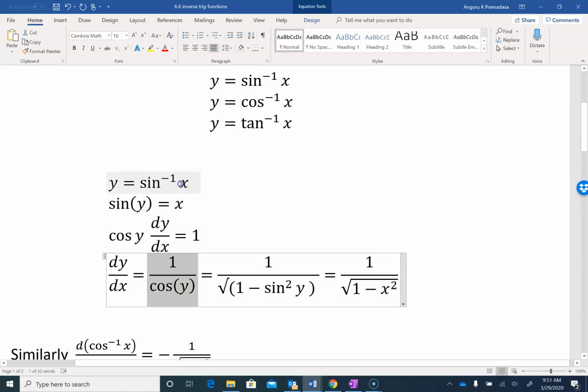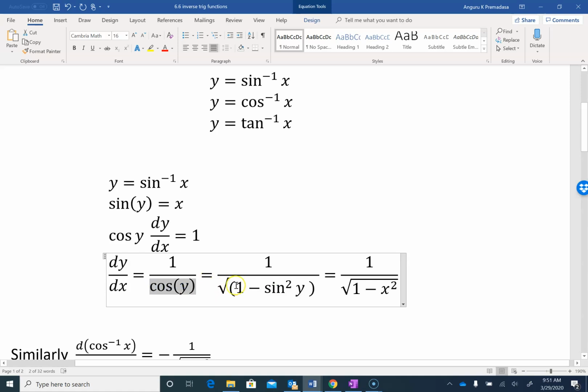You started with x, so you want the answer to have x, so you need to convert cosine y into something with x. Well, that can be done if you use Pythagorean. Cosine squared y is equal to 1 minus sine squared y, because sine squared y plus cosine squared y is equal to 1.